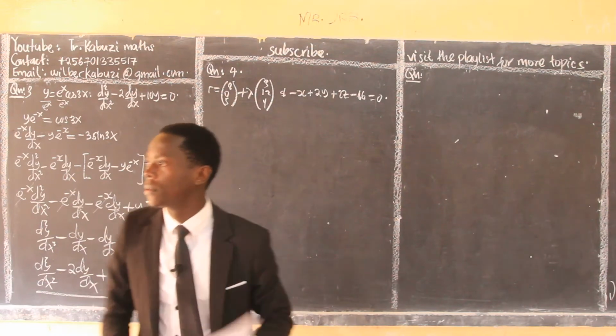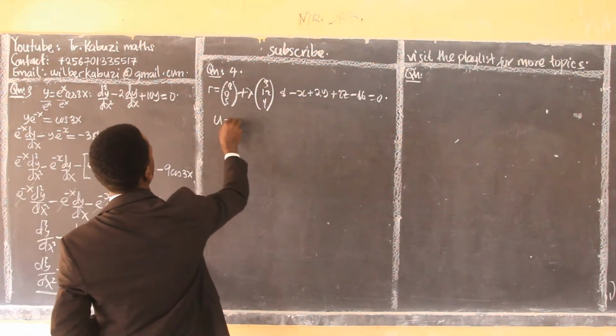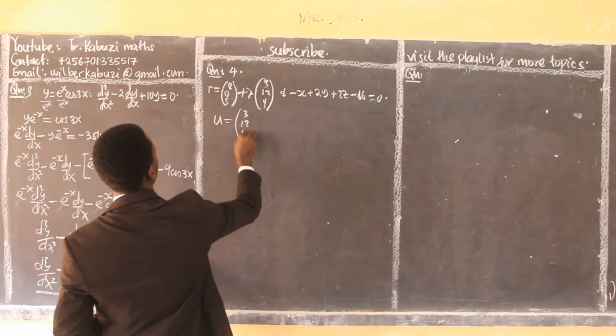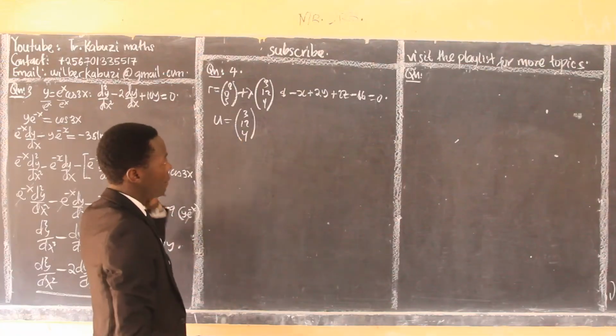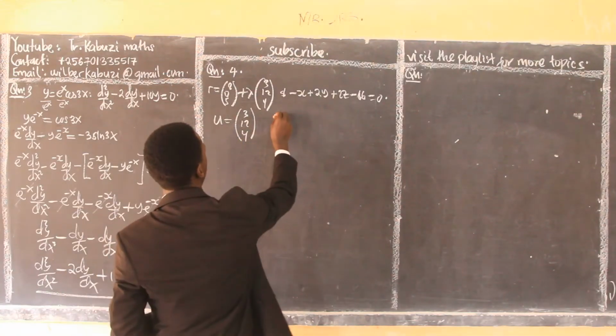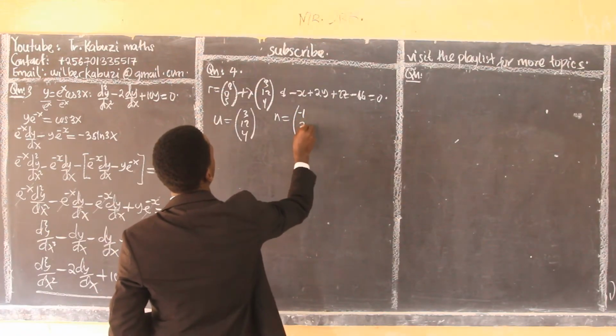Here we know that our u, the vector here, is (3, 12, 4), or some people call it the direction vector. Then I pick my normal to this plane by taking just the coefficients there.